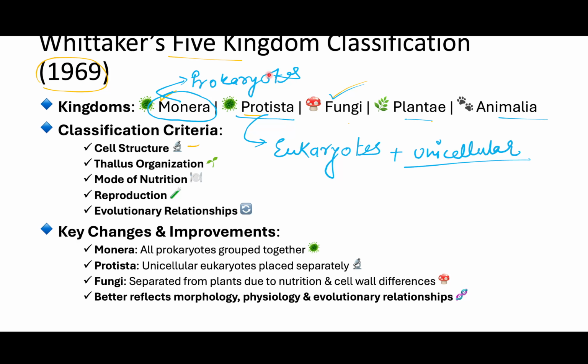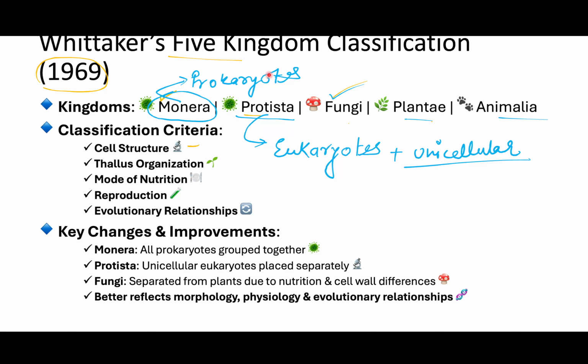Now the third kingdom, fungi. Two important key features: first, they cannot prepare their own food. Second, their cell wall is different. Next are plant and animal, that we already know. Plants have a cell wall, animals have no cell wall.